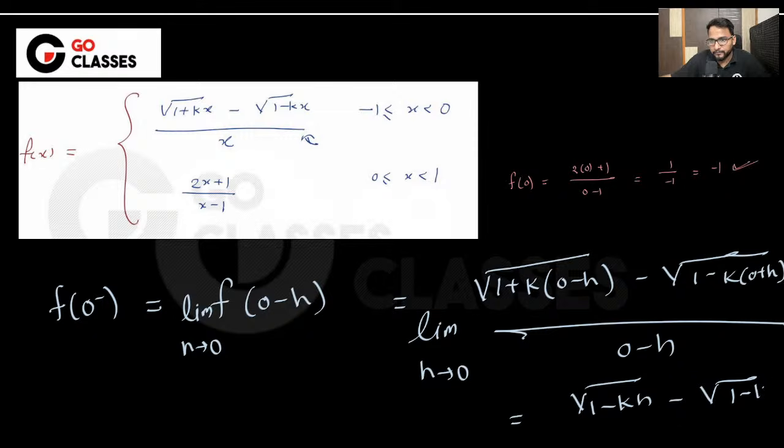This is 0 minus h, minus 1 minus kh, 0 plus h. This is also 1 minus kh, minus h. And since this is going to cancel out, I think this is going to be 0. And what is the 0 plus?